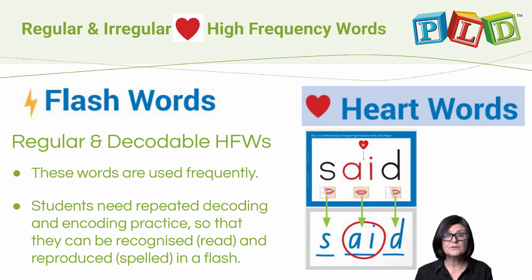PLD will refer to words as flash words or heart words. Flash words are your regular decodable words. They're very common and students need repeated practice decoding and also encoding so that they're read in a flash and they're also reproduced and the students are able to spell in a flash, but they are regular words.